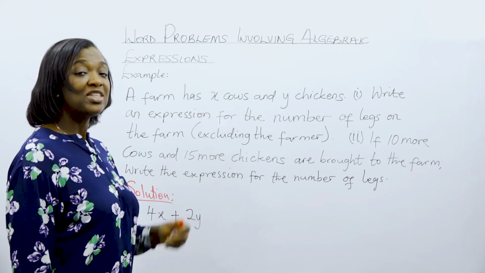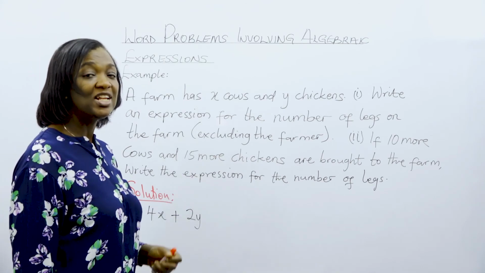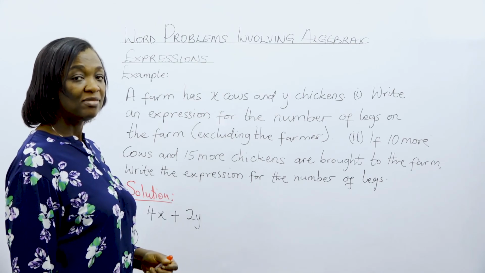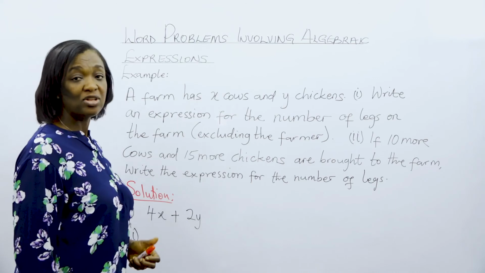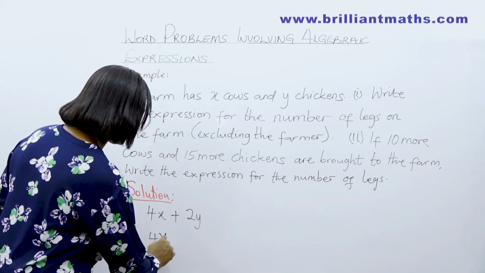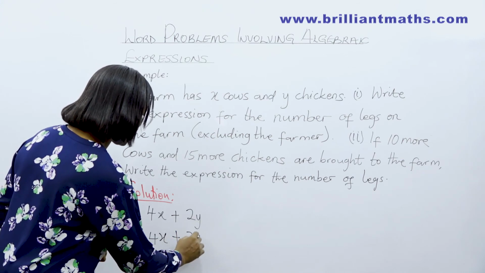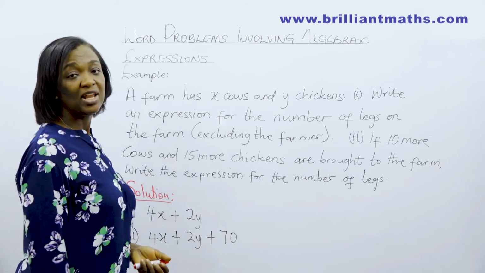So 40 plus 30 is 70. So we now have an additional 70 legs on the farm. The new expression for the number of legs on the farm would then be 4x plus 2y plus 70 legs.